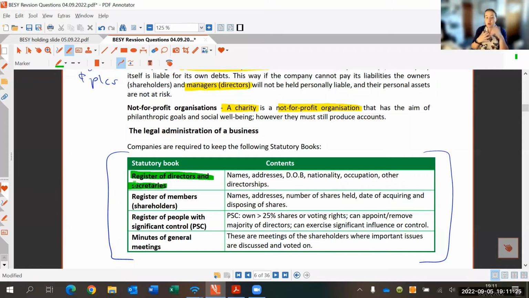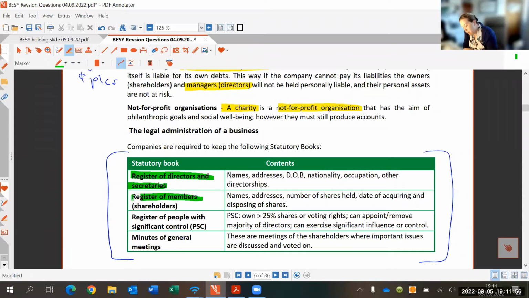Every limited company must have at least one director, and they must have someone who is officially company secretary. Their role is to make sure that all of the legal paperwork and all the requirements that a limited company has actually happens. And if it doesn't happen, then they could be personally liable for any penalties. They may even be told they can't be a director anymore, or things like that.